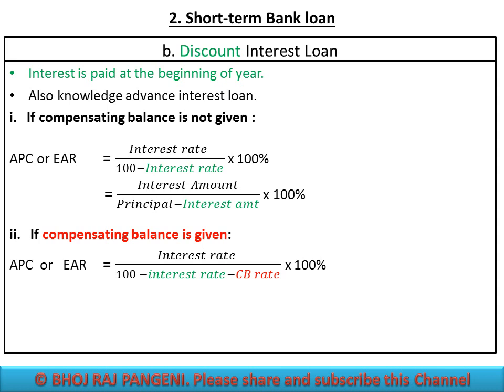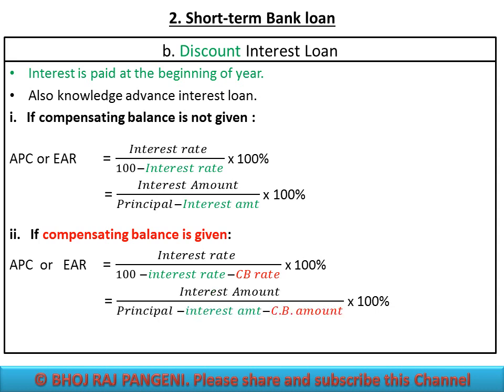If the CB rate is not given, you don't have to deduct it. The amount formula is interest amount divided by principal minus interest amount minus CB amount. You can use any one of them, not both. The first one is easier and the second one is a little lengthy.